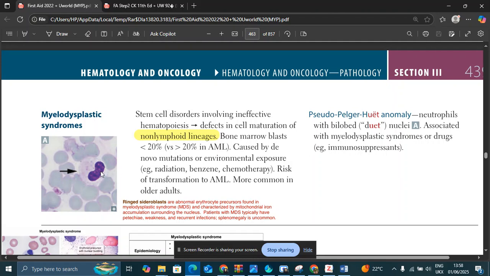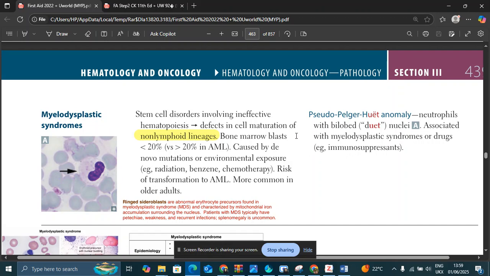This is also called pseudo Pelger anomaly, neutrophils with bilobed nuclei. This condition is associated with myelodysplastic syndrome or drugs, for example immunosuppressants. So you will see less segmentation and less granulation in neutrophils in myelodysplastic syndrome.